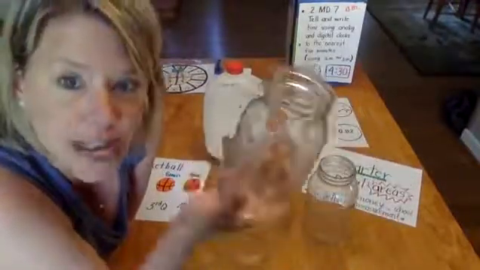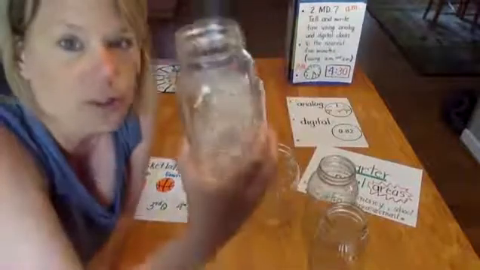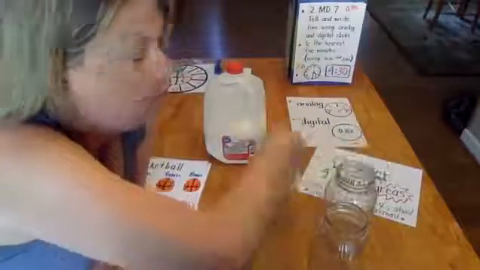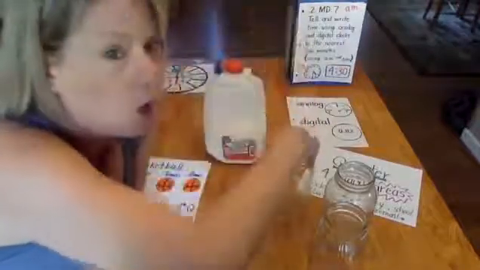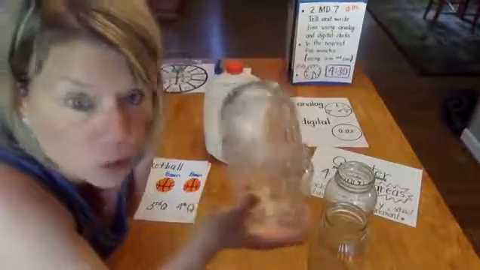You may have seen these, or jellies, in these quart jars. So how many quart jars do I have? I have 1, 2, 3, 4. I have 4 quart jars. These aren't quarters. These are quart jars.